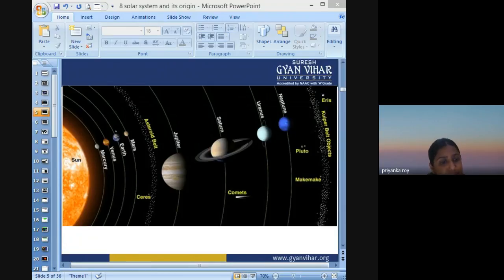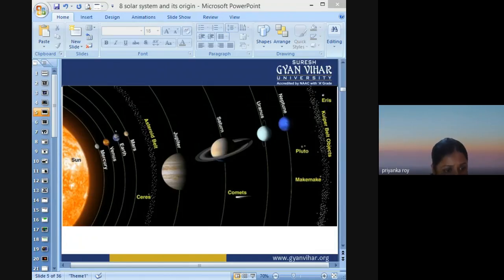It has never been directly observed, but its existence is predicted on the basis of mathematical models and observation of comets that likely originate from beyond.